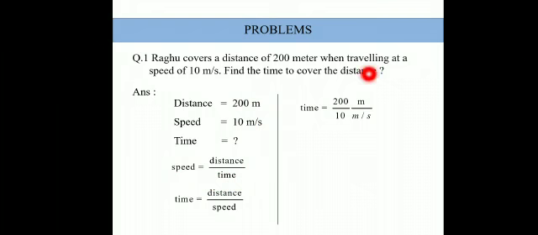Distance is 200 meters and speed is 10 meter per second. So meter will cancel and the answer will come in seconds. 200 divided by 10, the answer is 20 seconds. So Raghu took 20 seconds, very fast actually, by cycle, but if it is a car or another vehicle, very slow.